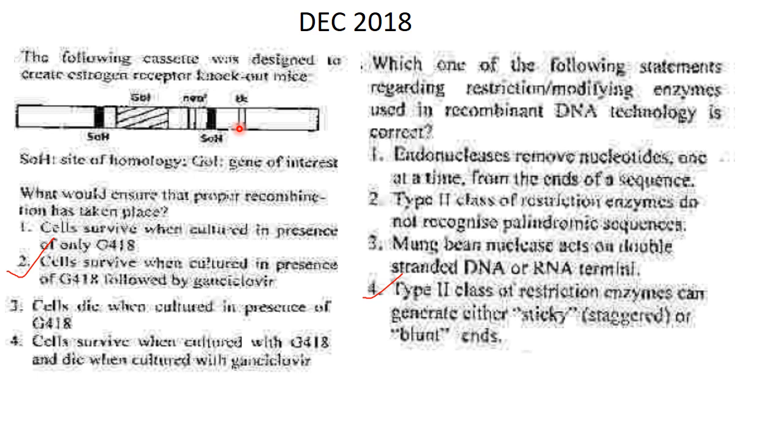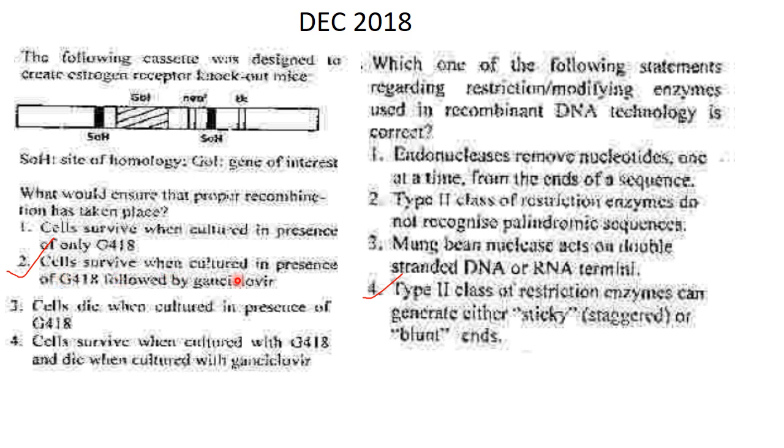Then, the following cassette was designed to create estrogen receptor knockout mice. What would ensure that proper recombination has taken place? Cells survive when cultured in presence of only G418. That cannot be, because they will survive even in ganciclovir, because they don't have the TK gene in them. Next one.